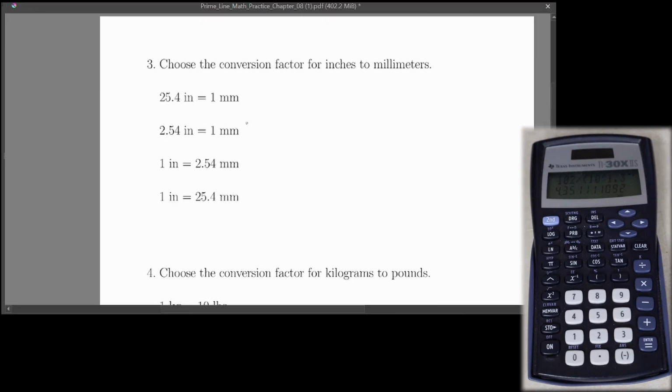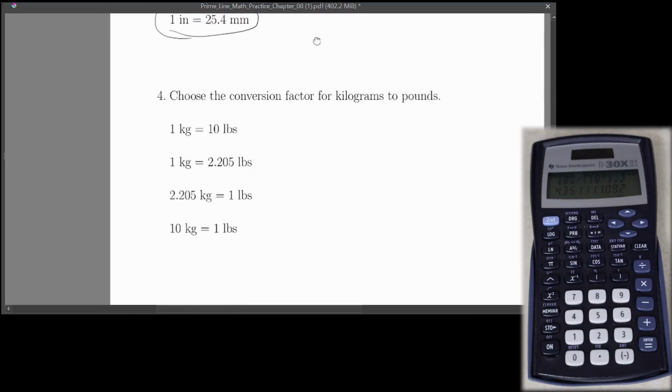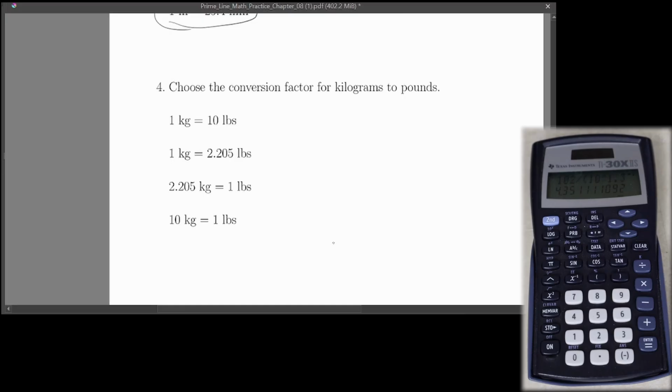Alright, number 3, we are going to go from inches to millimeters. In this case, we have 1 inch is 25.4 millimeters. Also know that 1 inch is 2.54 centimeters. Number 4, 1 kilogram, 2.025 pounds.